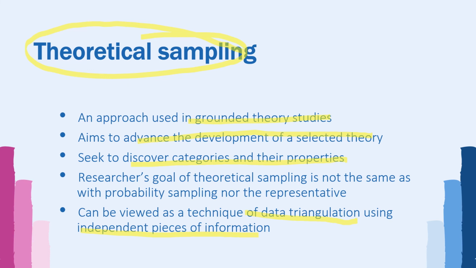Now, to discuss that, when I say theoretical sampling, I would look into the data that I have gathered, into the words that I have gathered. I will try to look into whether the words and the interviews that I have gathered could already explain the phenomenon. For example, I'm interested in the post-op experience of children who had gastric surgery. Okay, and then I've noticed that the children would have anxiety.